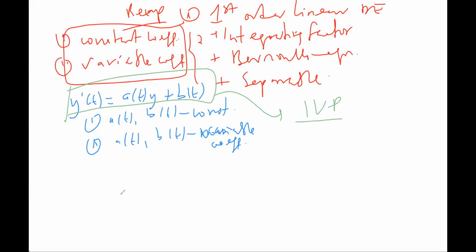So for an initial value problem, we said we have y prime of t equals a of t times y plus b of t, and then we have some initial condition, y of t0, which we can say is equal to y0.